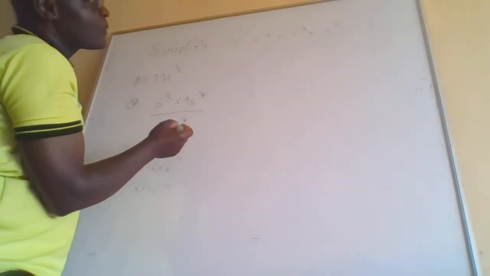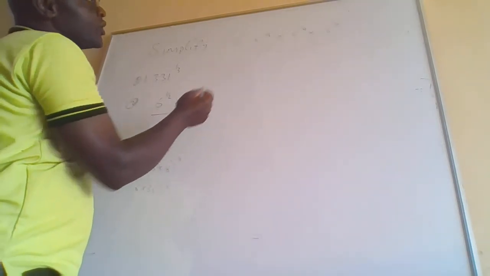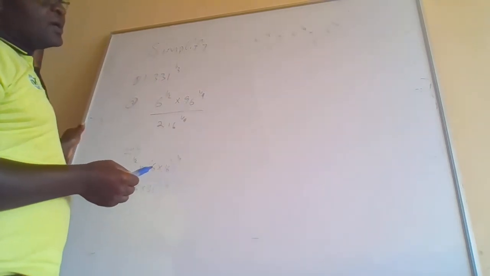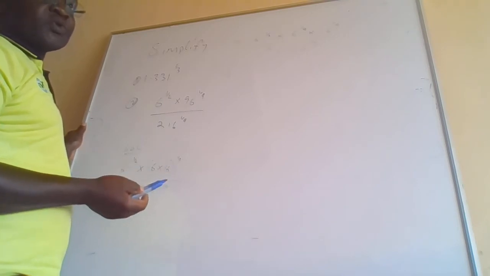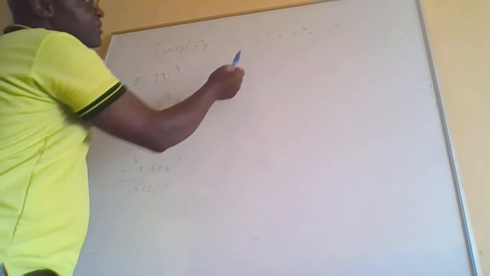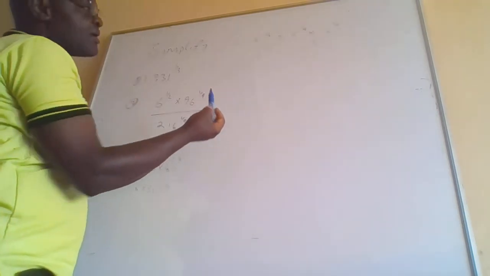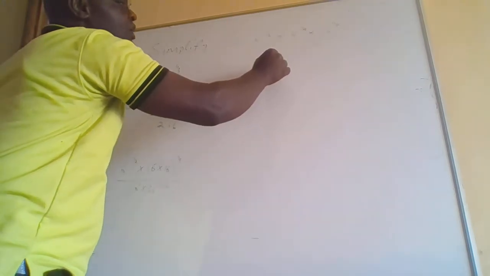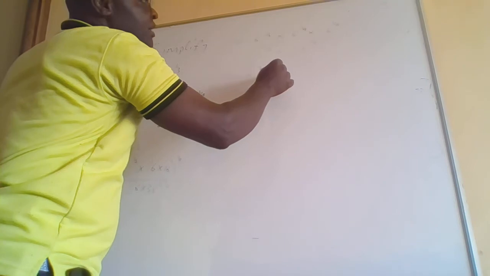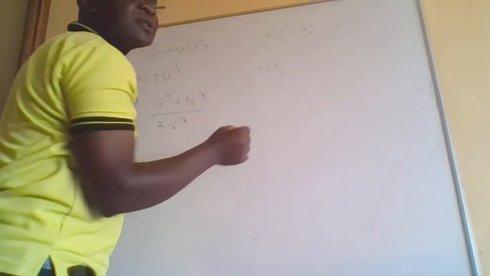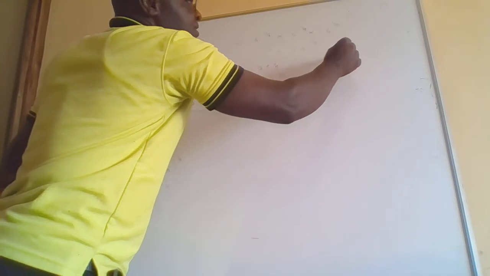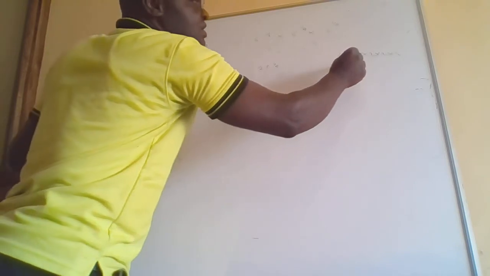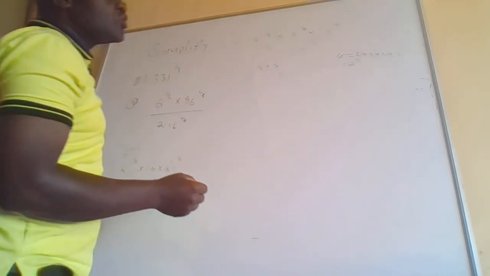Now we apply the laws of indices. When you are multiplying indices with common bases, you add the powers. Because this is 6, we shall add the powers. So here we have 6 raised to a half plus 1 over 4. Now 16 is the same as 2 times 2 times 2 times 2, which is 2 raised to 4.